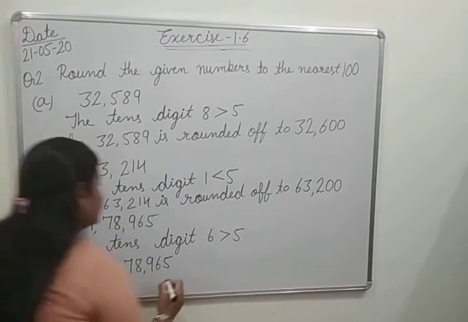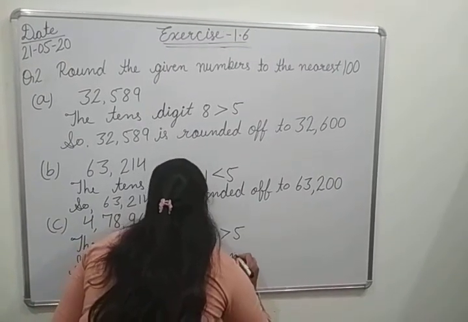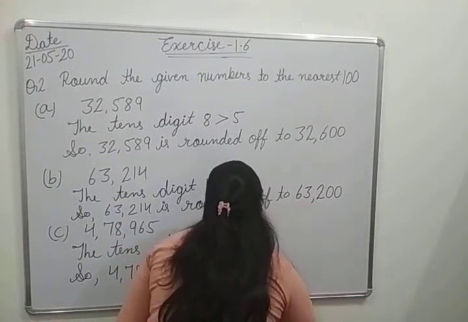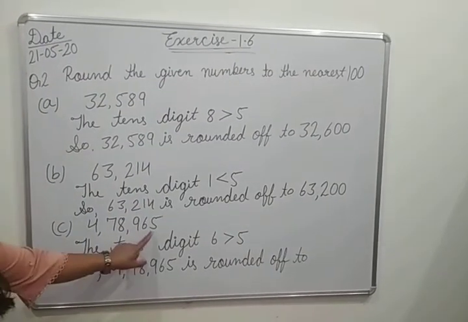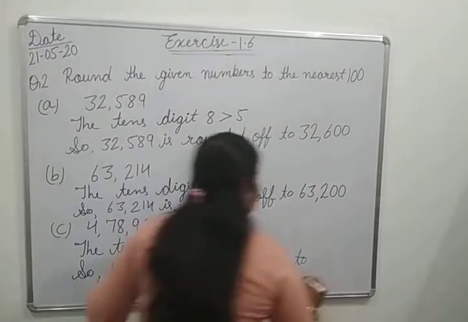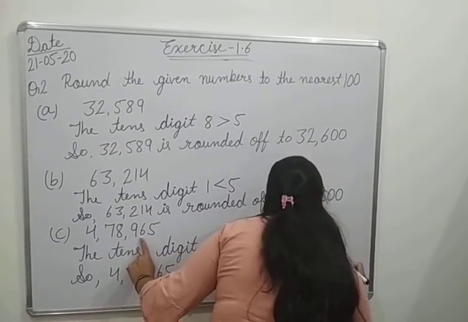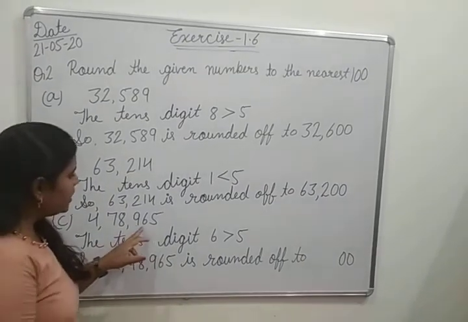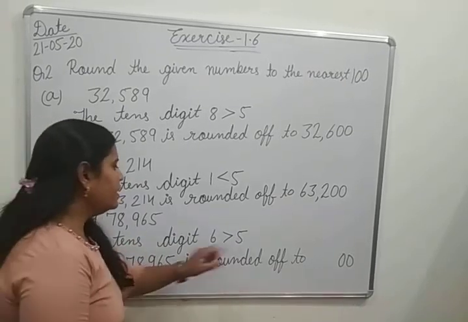So 4,78,965 is rounded off to, what we do? On the ones place we write 0. The tens digit also we write 0. And what we do in the hundreds digit? Increase by 1, because our tens digit is greater than 5.